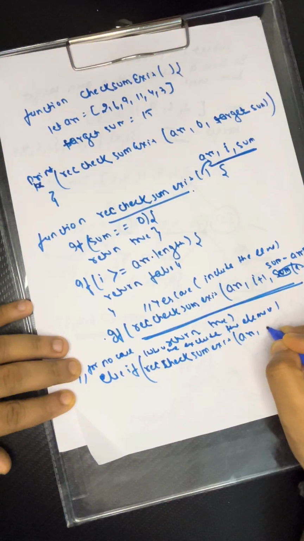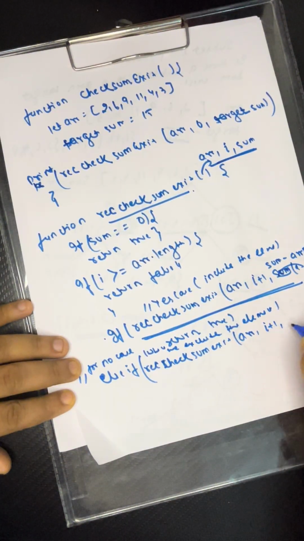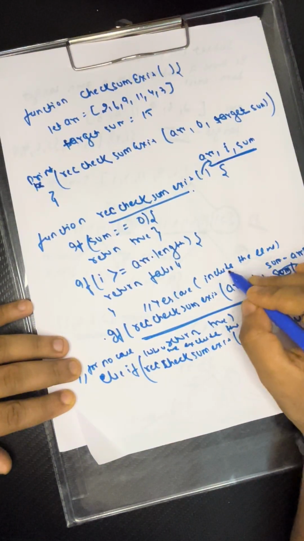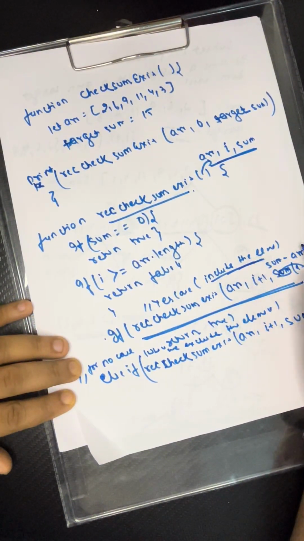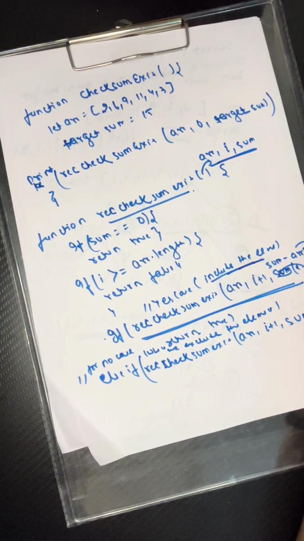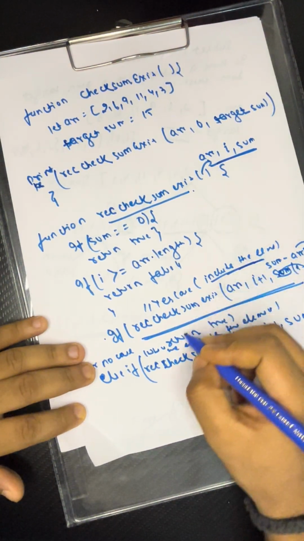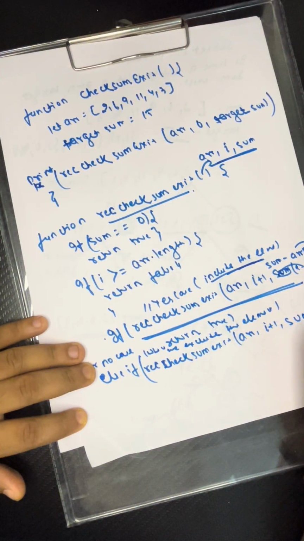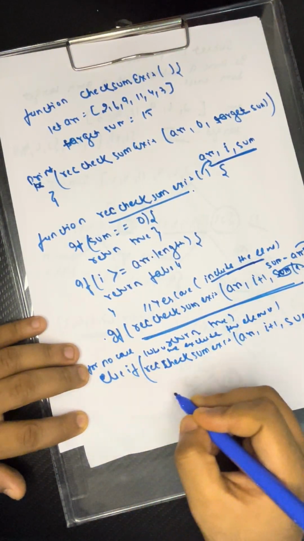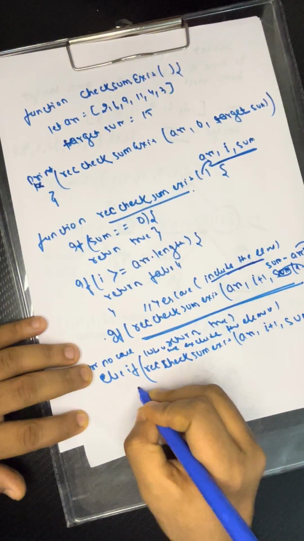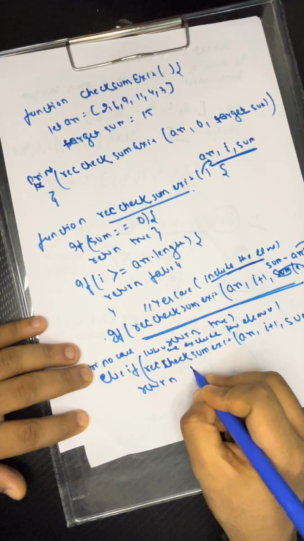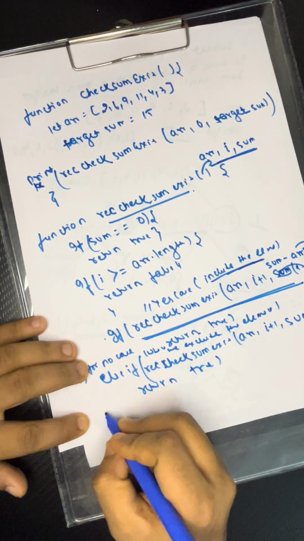Because here we have included the ith element, we subtract arr i from the sum, and here we have excluded it, so we take the sum as usual. If this is true, then return true.